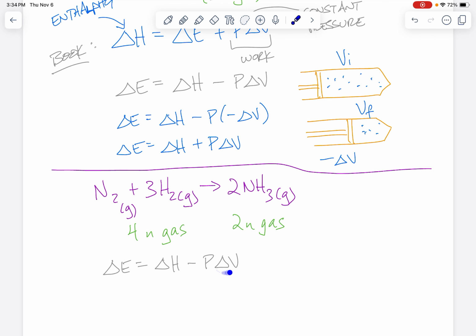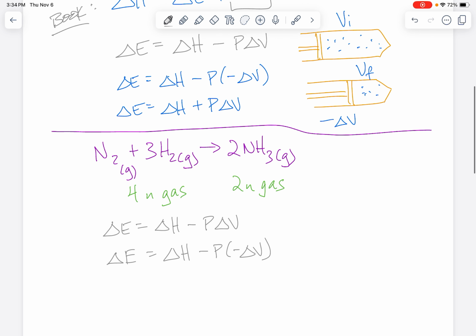And just like in our example, since we're going from 4 to 2, we have a negative change in the volume. So in a question like this, delta E equals delta H, again, minus P times a negative delta V. And then, again, this simplifies into delta E equals delta H plus P delta V.